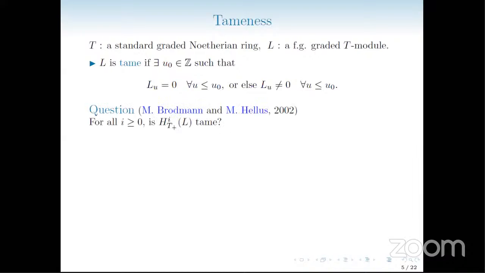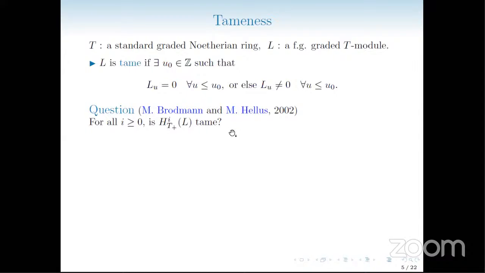Brodmann and Hellus raised the most challenging question regarding the asymptotic behavior of this local cohomology module, known as the so-called tameness problem. They asked whether the ith local cohomology module of L supported on the irrelevant ideal is tame.